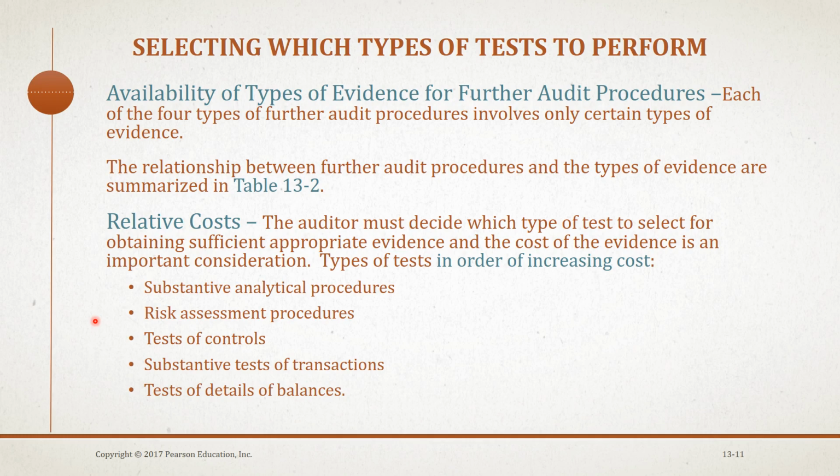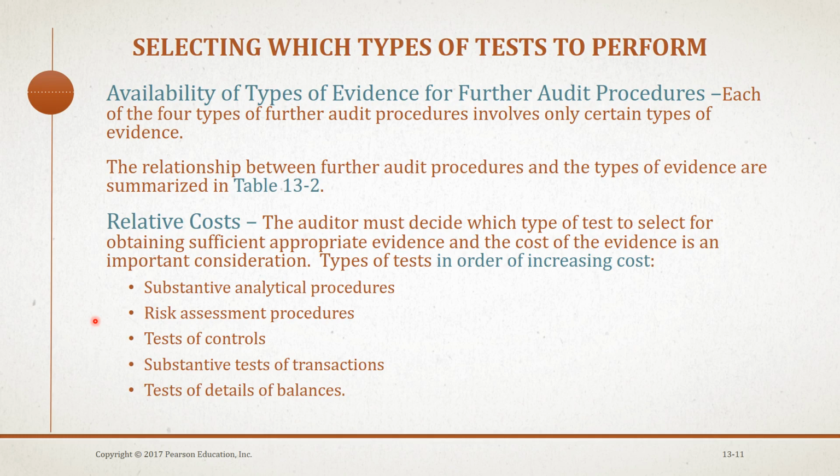Why did it go up? Cost of living. That's a fair answer. Next, risk assessment procedures, which we spoke about. Test of controls. Looking to make sure that the controls are operating effectively. Very good approach, used in a lot of audits of publicly traded corporations, but very expensive.